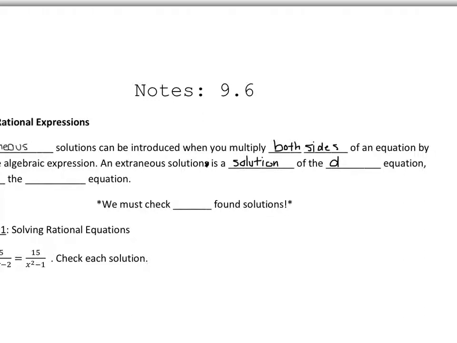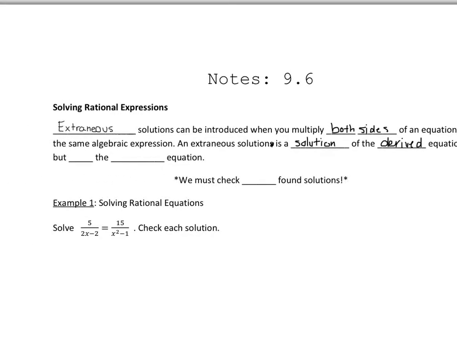So it'll work in the equation you have halfway through your problem, but it's not going to work in the one that you originally started with. That's supposed to be an N. It's very difficult to write small on an iPad.